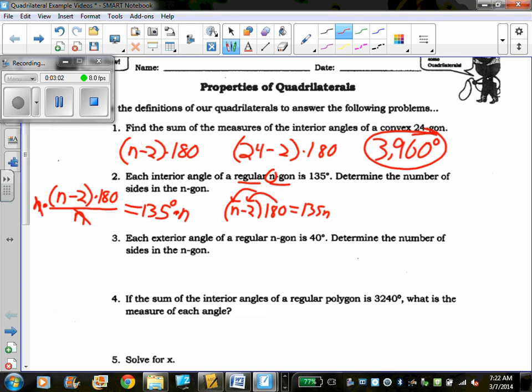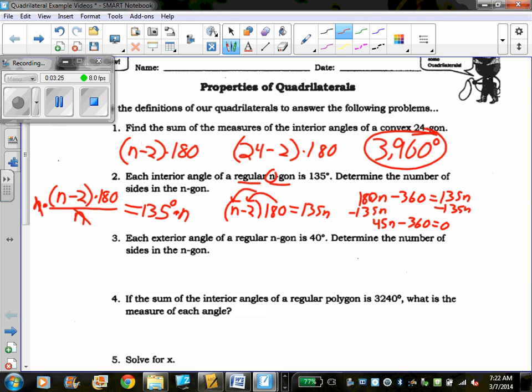So that'll give us 180n minus 360 equals 135n. We'll subtract 135n from both sides, it's all algebra from here. That gives us 45n minus 360 equals 0.